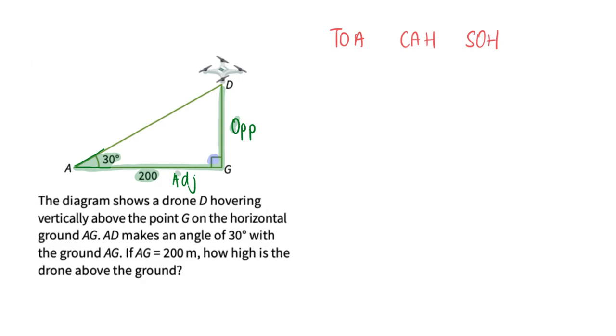Now with O and A, which of the three trigonometric ratios should I use? Yes, we are going to make use of the tangent ratio now. Tangent 30 degrees equals O, which is my DG, divided by my A, 200.